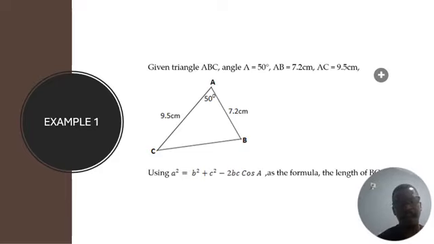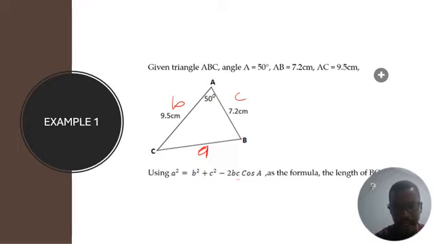Okay, so the triangle is to be labelled. The opposite side here will be A. The opposite side there will be B. The opposite side there will be C. So solving this one, in this case they want us, using this as a formula, to find the length of BC.